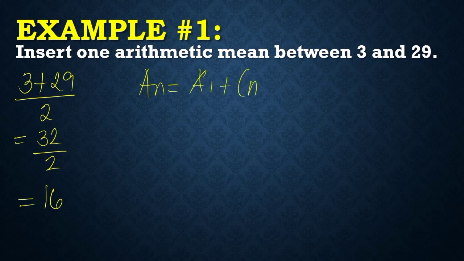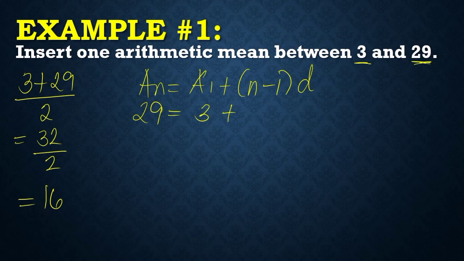Now, using the formula for the arithmetic sequence, a sub n is equal to a sub 1 plus the quantity of n minus 1, d. So, what will be a sub n? So, ang magsisilbing last term dito is yung 29. And then, yung first term natin, of course, is 3. So, we substitute 29 is equal to the first term, which is 3, plus, now, what is n?